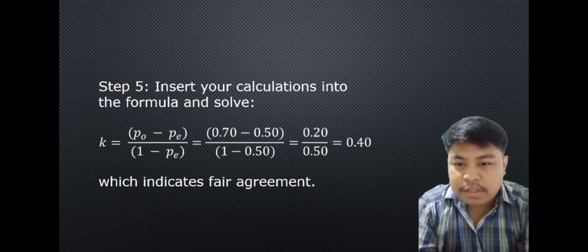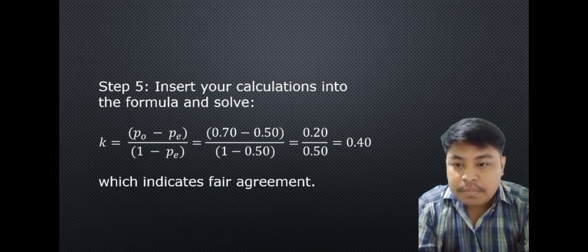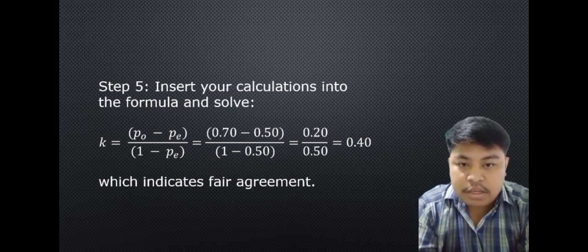So our final answer is 0.40. This indicates that there is a fair agreement based on the interpretation of Cohen's kappa.